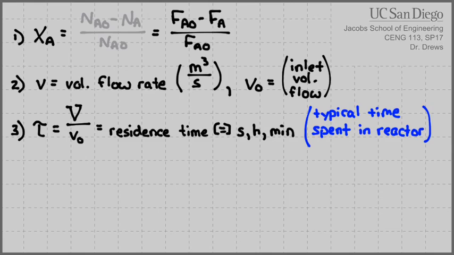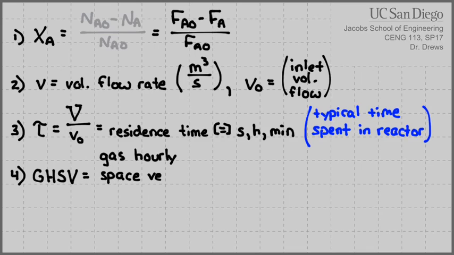The other two parameters that we have are specific to the phase that they're interested in. So GHSV is called a gas hourly space velocity.